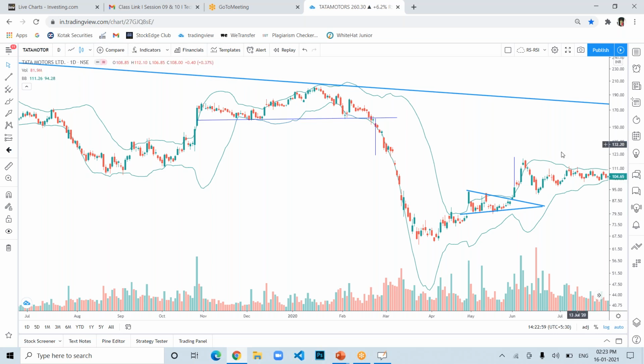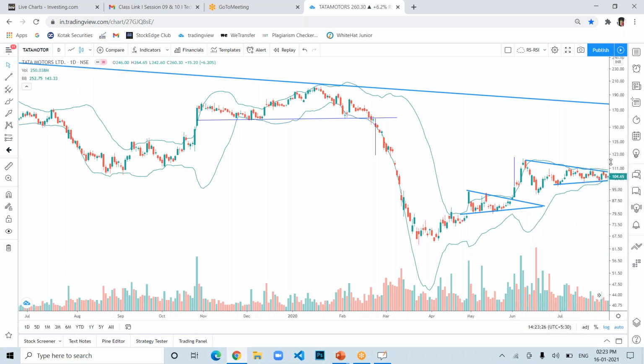Now basically, when you look at such a situation, you get ready for a breakout. So the moment there is a breakout, whether on the upside or on the downside, you enter into the trade. So you identify your breakout levels in advance. In this case, the breakout level is this, and this is the downside breakdown level.